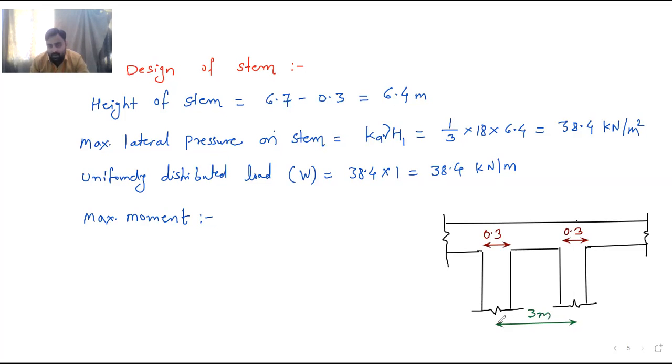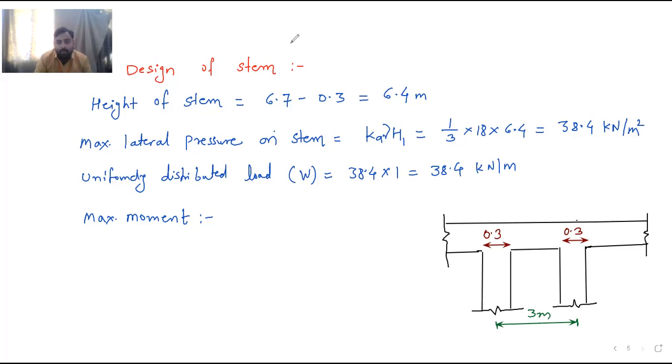This spacing is 3 meter center to center. Okay. So between two counterforts, your stem part is there from where this pressure is going to act on the stem. So in between, two counterforts are there. So the center to center spacing between the counterforts is 3 meter.